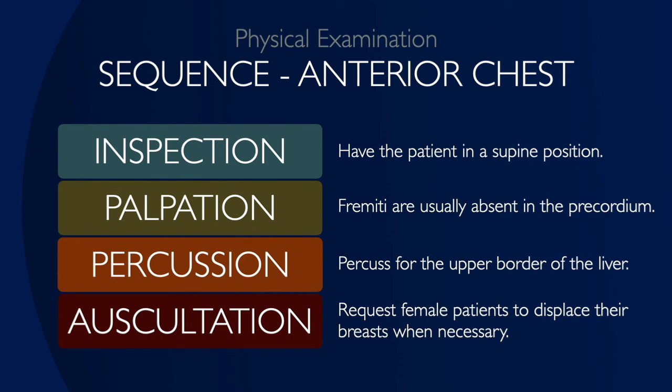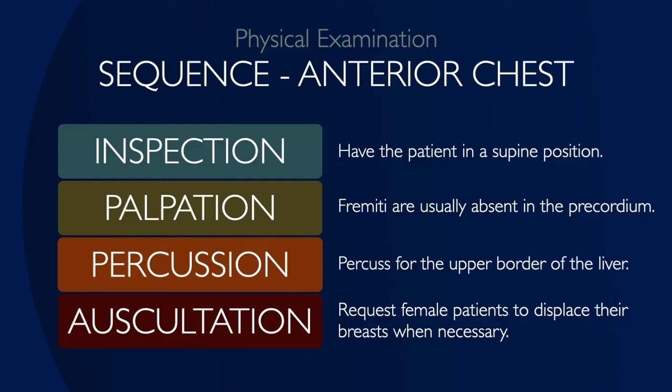In percussing the anterior chest, you can percuss for the upper border of the liver. And if you're going to do the same for the inferior border of the liver, you can assess the liver span. But assessing the liver span is already part of another portion of the body, that's assessing part of the abdomen.